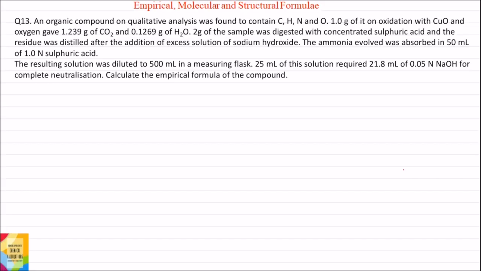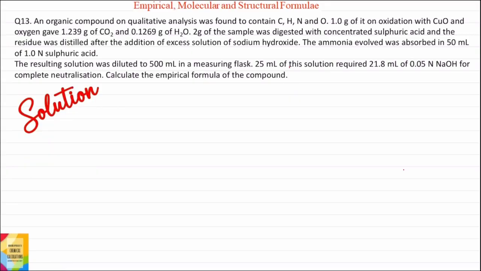The ammonia evolved was absorbed in 50 milliliter of 1N sulfuric acid. The resulting solution was diluted to 500 milliliter in a measuring flask. 25 milliliter of this solution required 21.8 milliliter of 0.05 NaOH for complete neutralization. Calculate the empirical formula of the compound.